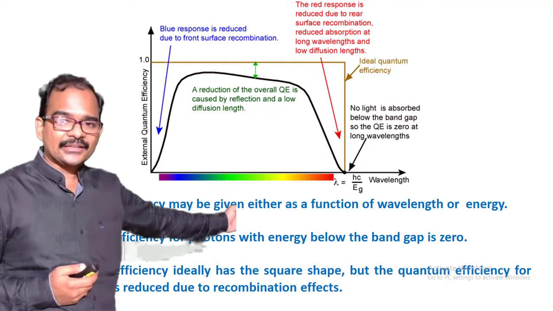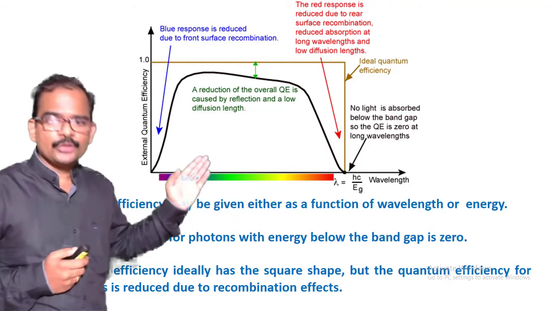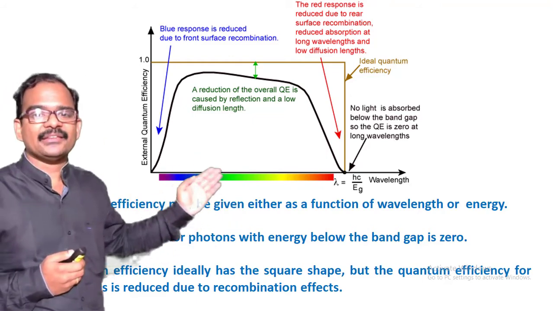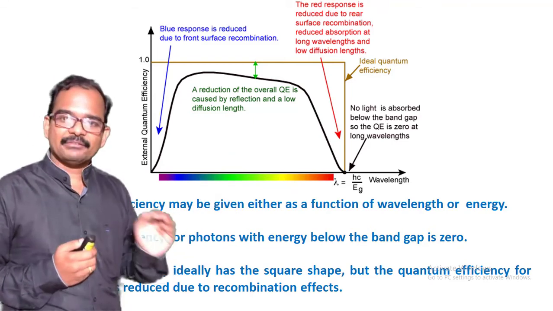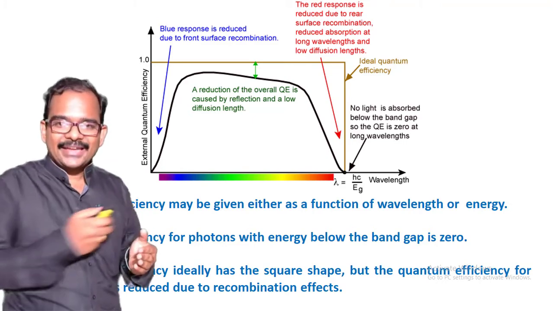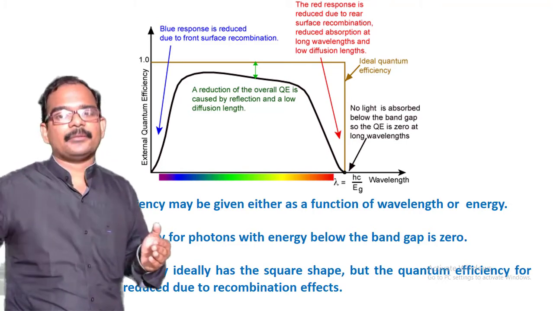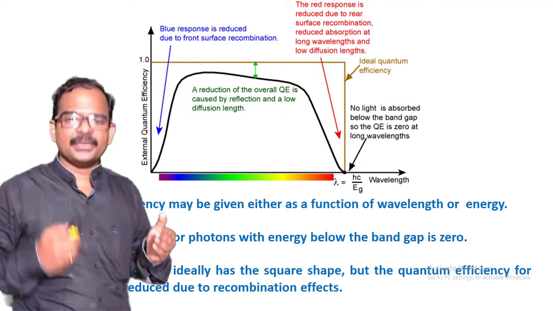So you can see it there, at that particular lambda, there starts the band gap. We know that the band gap is inversely proportional to the wavelength. So whenever the band gap is less, the wavelength is maximum. Whenever the band gap is more, then the wavelength is minimum.